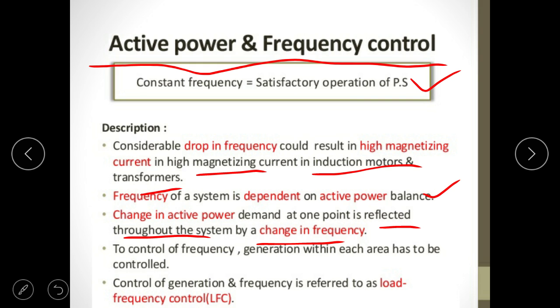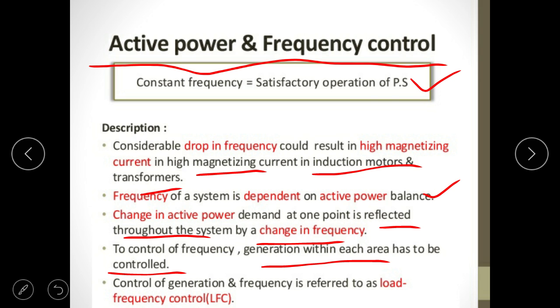So to control the frequency, generation within each area has to be controlled. It means in an interconnected power system or grid system, to maintain frequency control, generation of each power plant should be controlled.